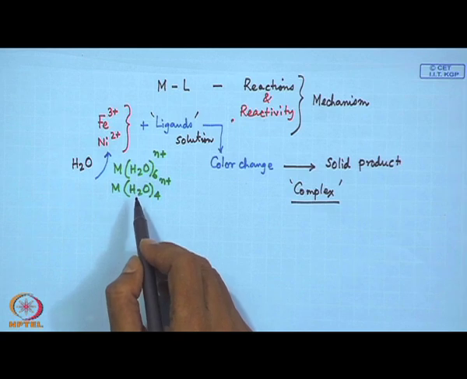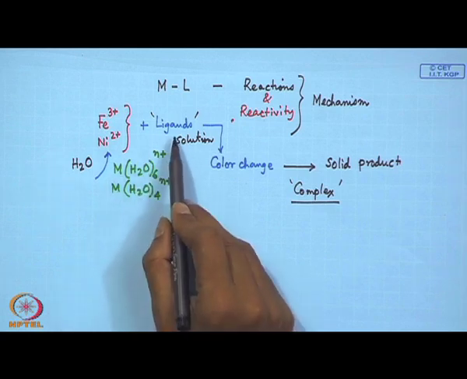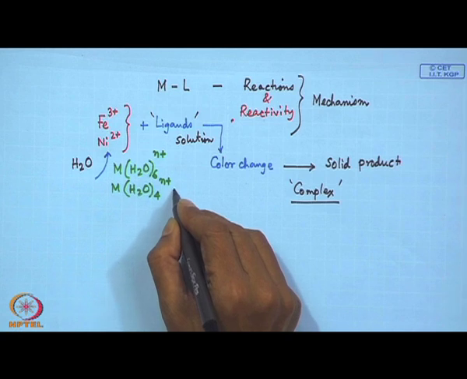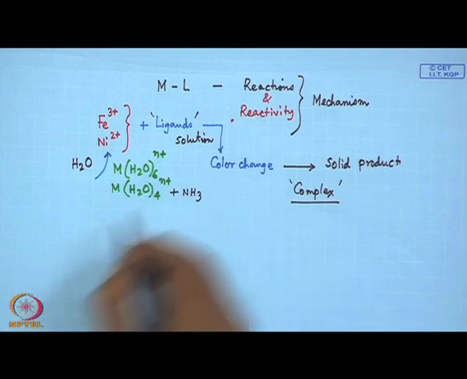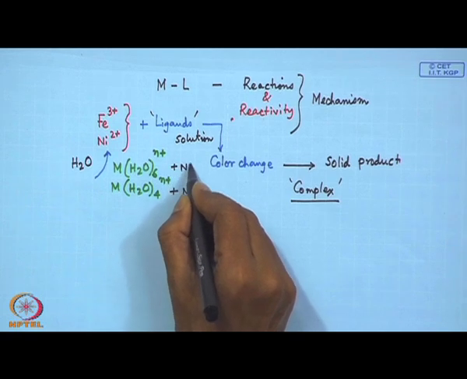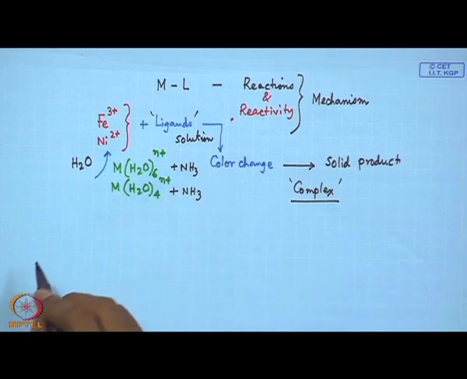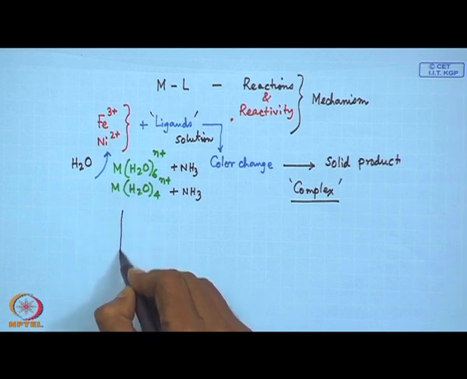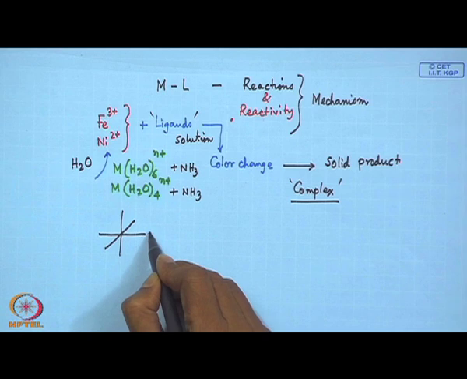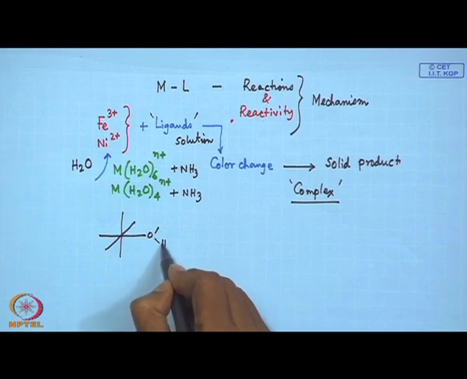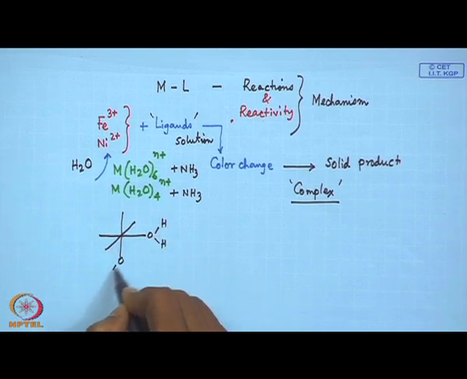So, when these metal complexes react with any other ligand, say ammonia molecules, when we already have 6 water molecules surrounding the metal center, these are our water molecules.